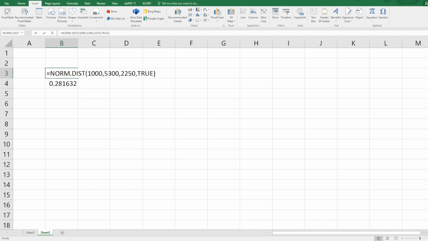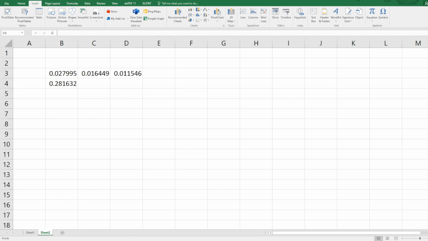If I copy and paste the same thing here and this time use 500, it's even lower, of course. Now if I subtract these two numbers, I get 0.0115. So that's the number I'm going to use.